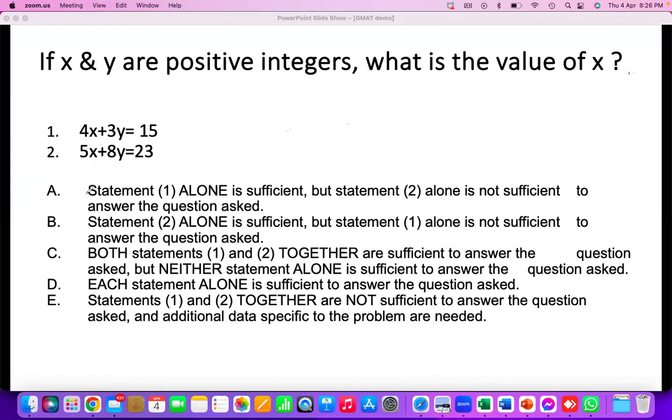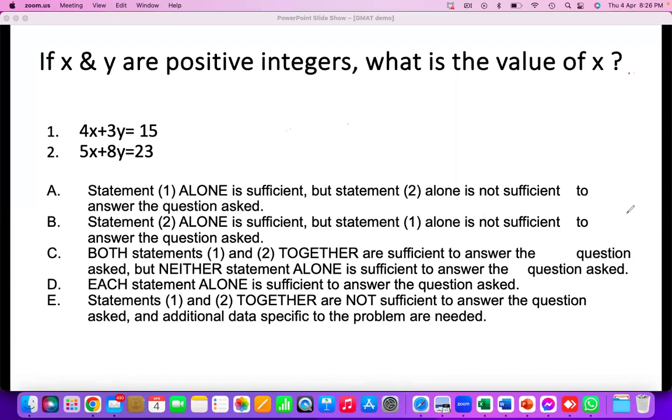Now, how to mark answers? Mark A if statement 1 alone is sufficient, but statement 2 alone is not sufficient to answer the question asked. Mark B if statement 2 alone is sufficient, but statement 1 alone is not.